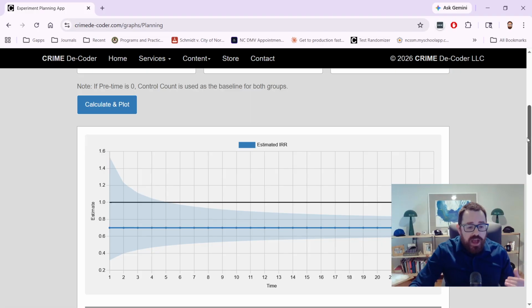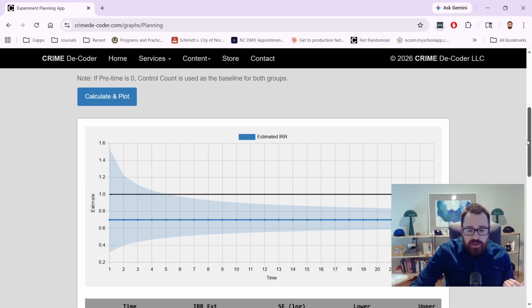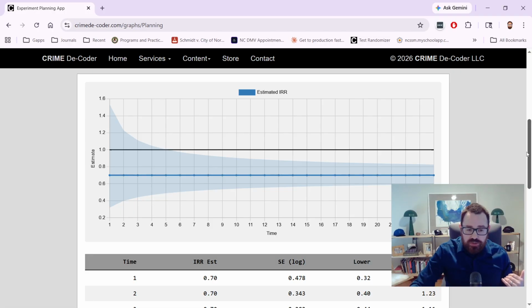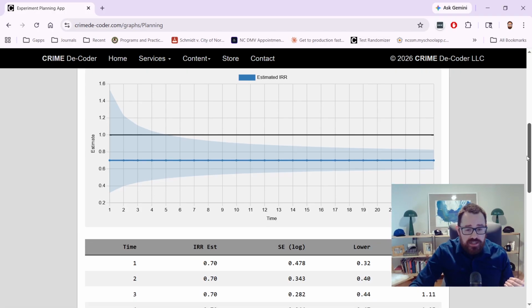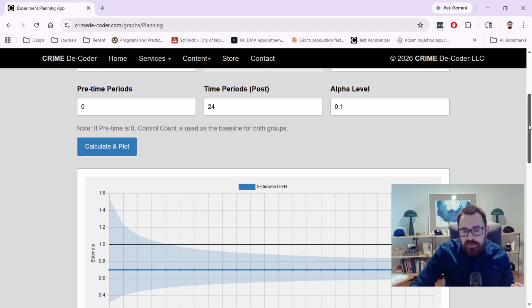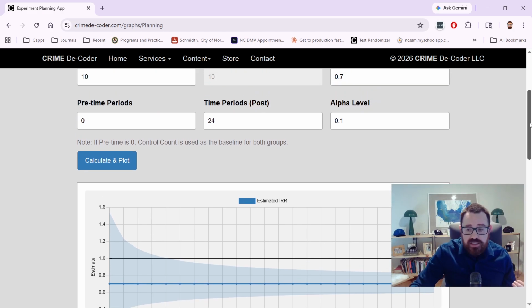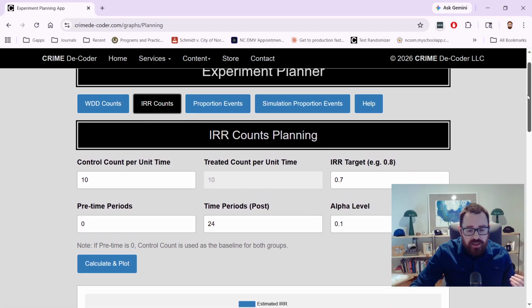I have additional documentation about when I think you should use the WDD estimate versus this IRR estimate. Like I said, sometimes people find this easier because it's based on percentages. So it's an approximately 30% reduction in this scenario.